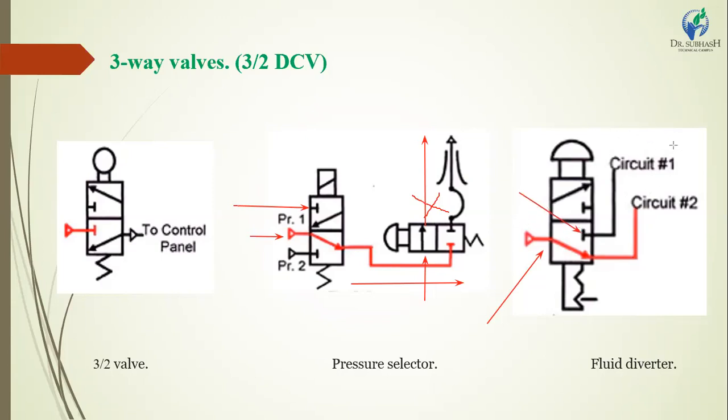The first circuit is in a closed condition and the secondary circuit is in an operating condition, which means we divert fluid into circuit 1 to 2. If we have to divert from 2 to 1, then we have to use the first position. At this time circuit 1 gets the oil and circuit 2 stops the oil flow. This is the three-way valve.